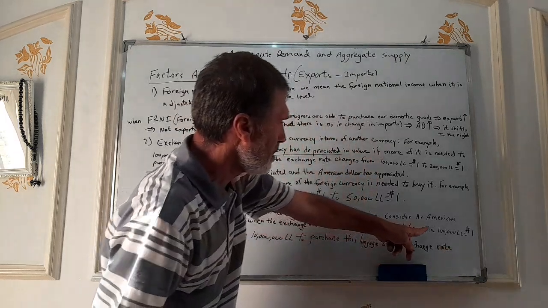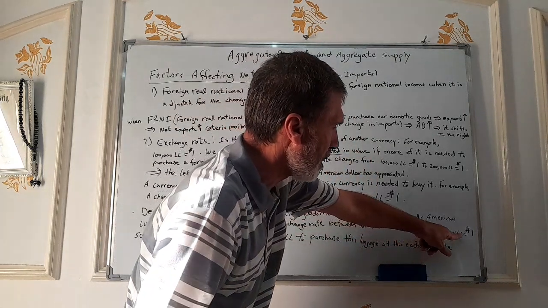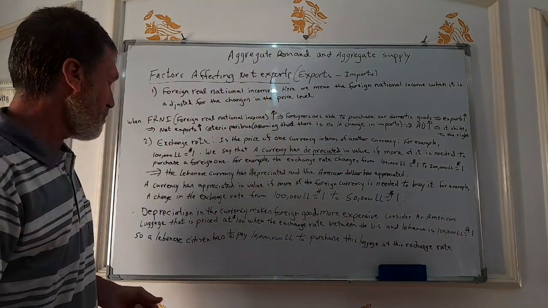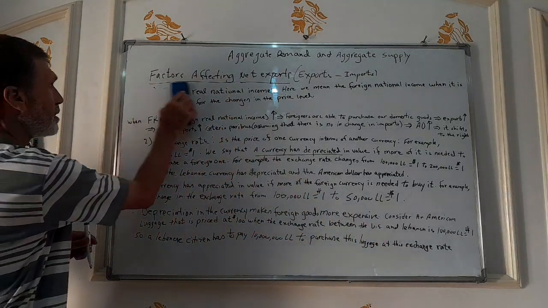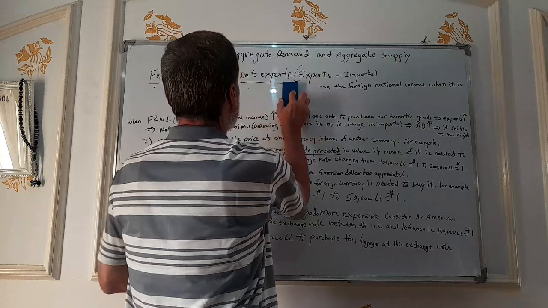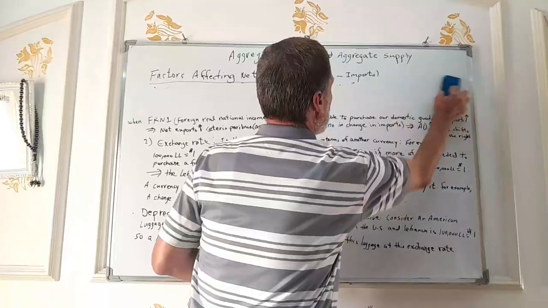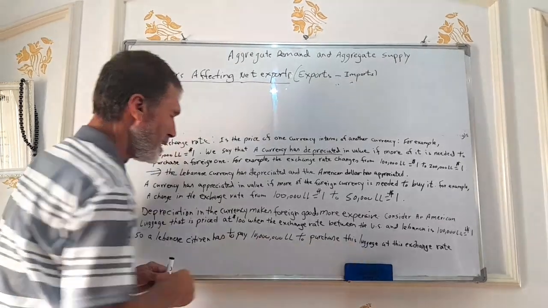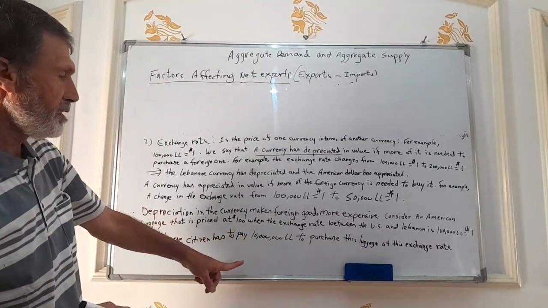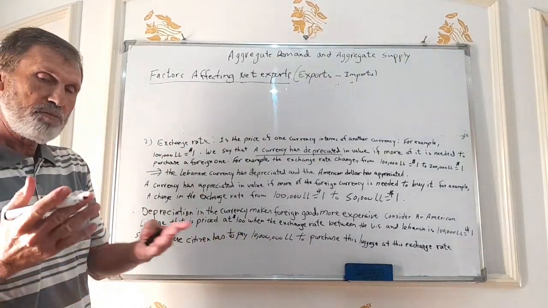Which is 100,000 Lebanese lira equal $1. Now, what happens when the exchange rate changes? We're talking about depreciation.